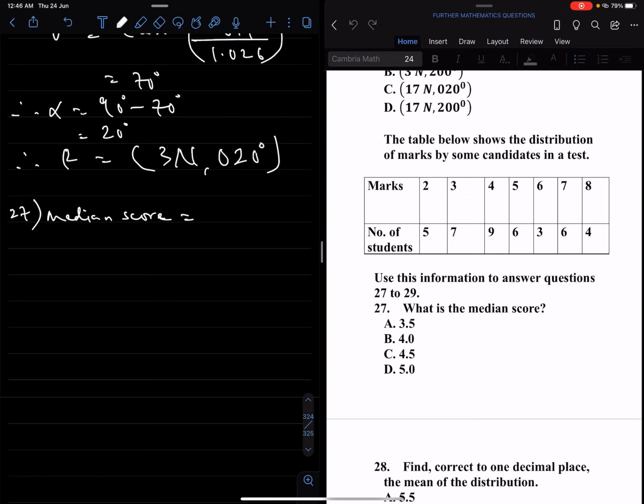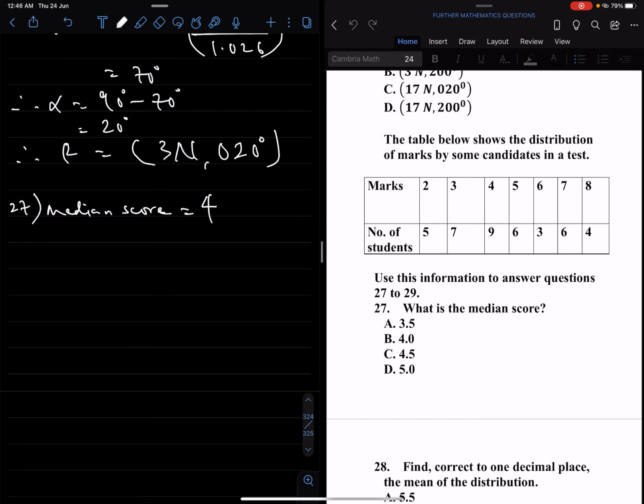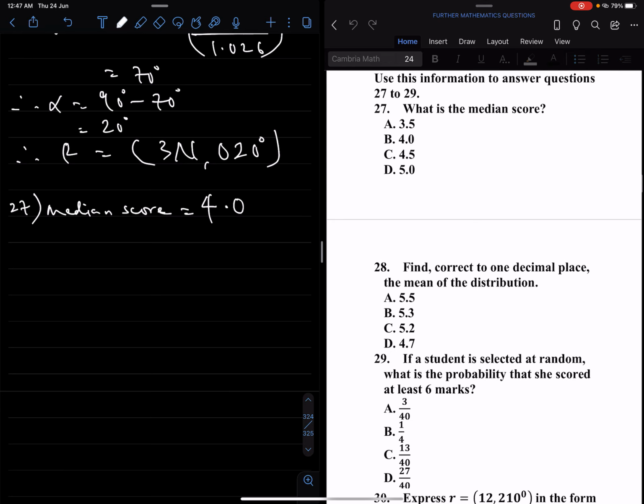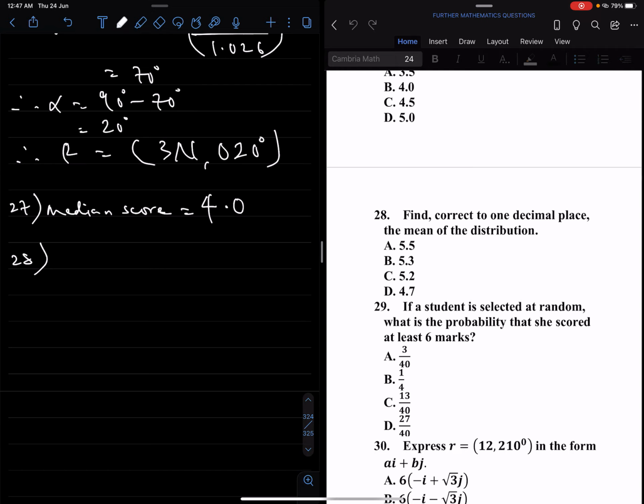So that means the 20th person got 4, because 9 students got 4, and the 20th person is one of them. So the median score is the score of that person, which is 4, and that's 4.0 as given in the options.